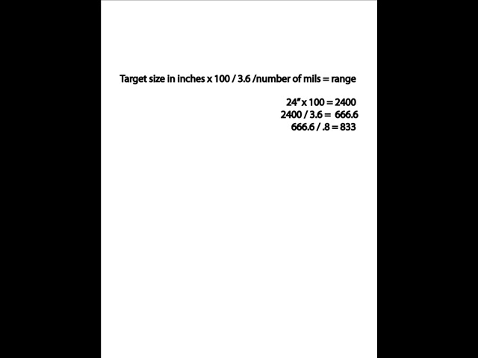And if we use the formula, we end up with 833. So if we ran it through the formula and also using the chart just to eyeball it, I would probably take an average of those numbers. I would set my scope for about 841 yards, something like that. 842 yards maybe.